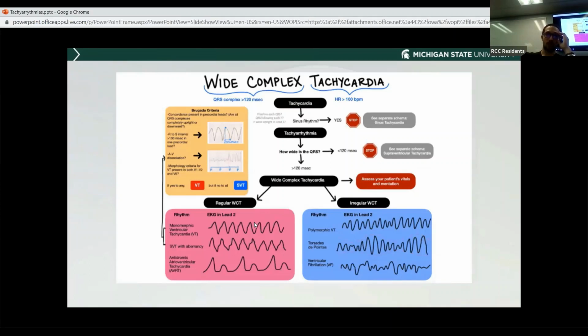And you always hope that you don't see irregular wide complex tachycardia, because they are the malignant ones. They are the ones that you will likely see when a patient is coding or in cardiac arrest. So irregular wide complex tachycardias are VFib, torsades, or polymorphic VT.